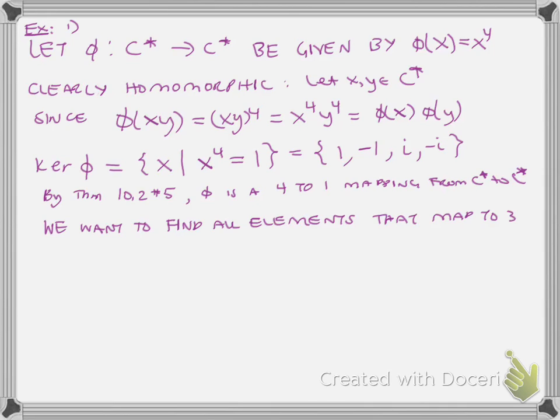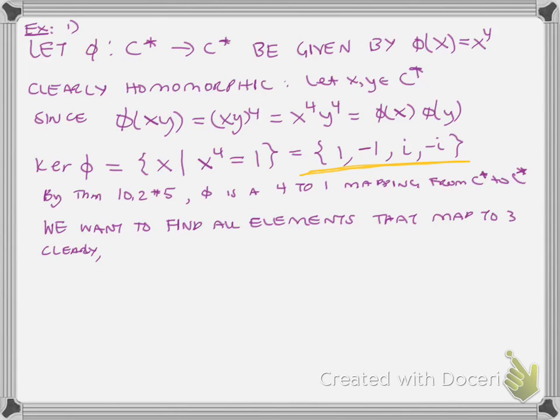Once we find one element that maps, we're going to use the fact that we know these 4 elements are in our kernel, and we're going to multiply that element by each of those.